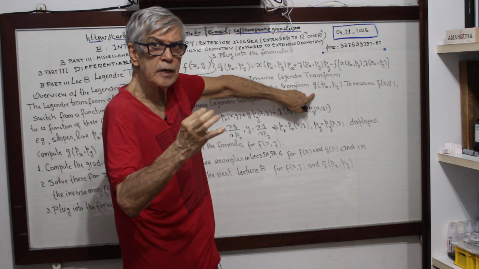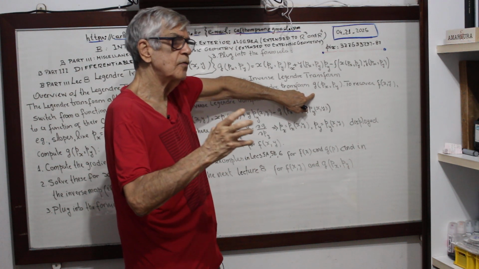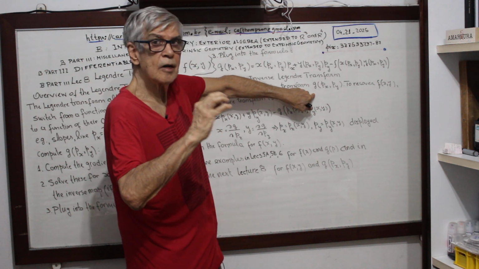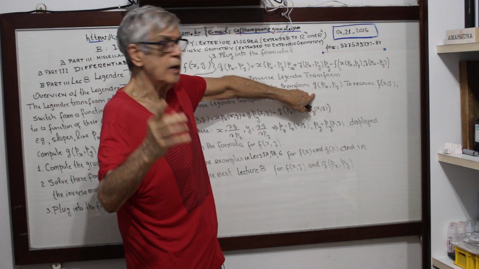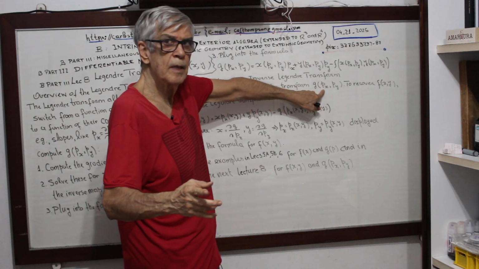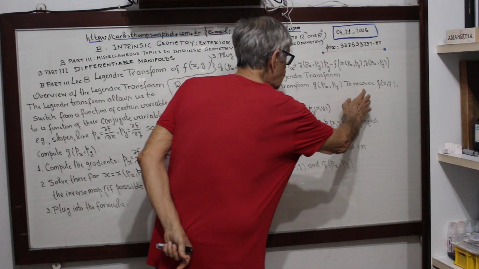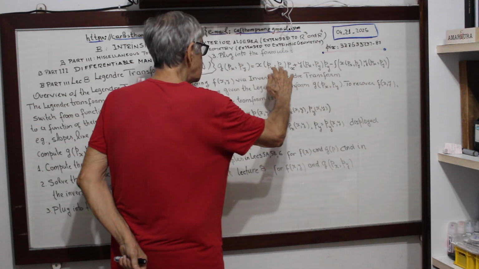Now I have this f of x and y, and g, a function of px and py. You see, that's important here. It's an extension. Then I will do this using this formula.